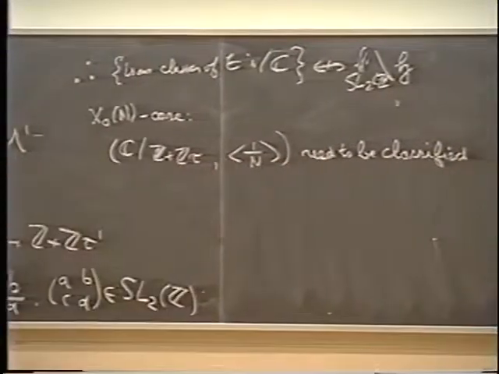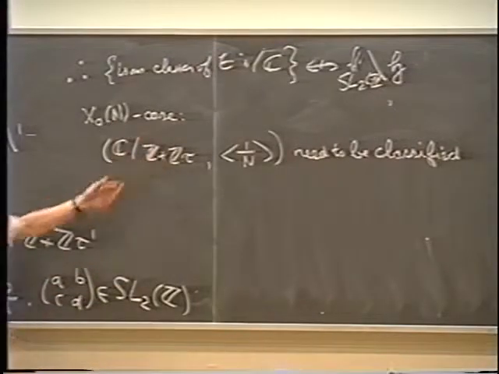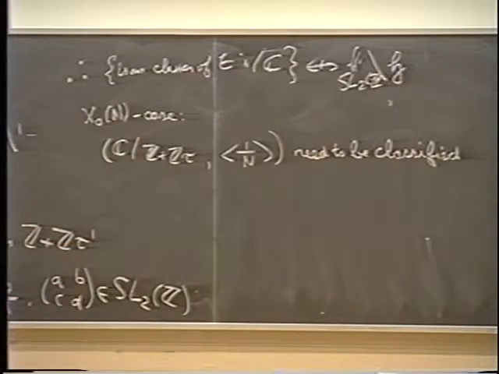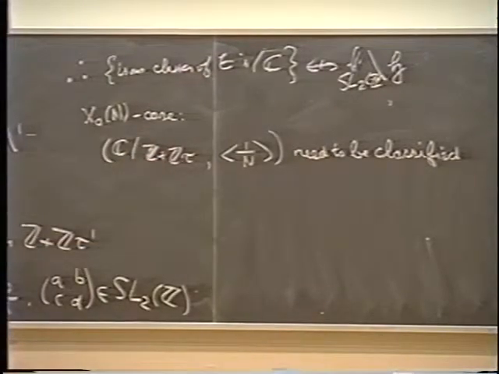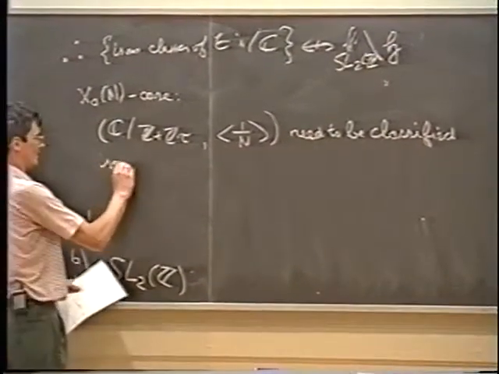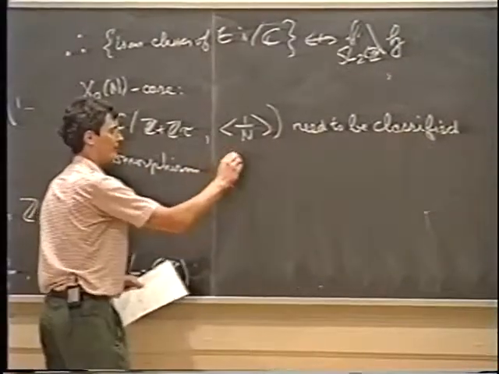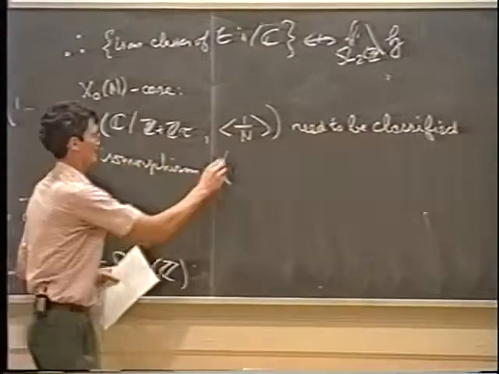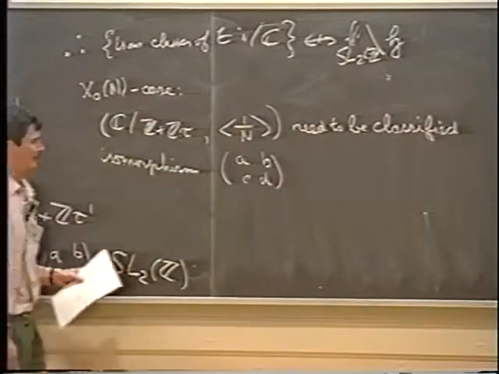So I have to describe them up to isomorphism. So what is an isomorphism? It's a homothety between two of these lattices, which is something like this. Well, this here, if you look at it carefully, means that the basis vector 1 here is multiplied by the C tau plus D. So an isomorphism given by, let me say, A, B, C, D. What does it do?